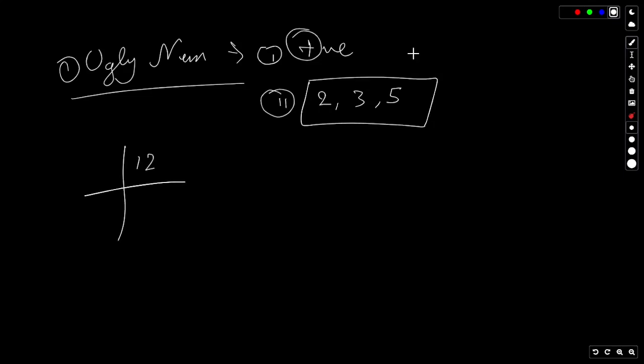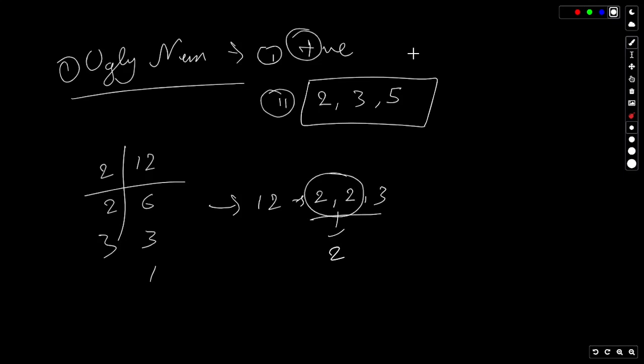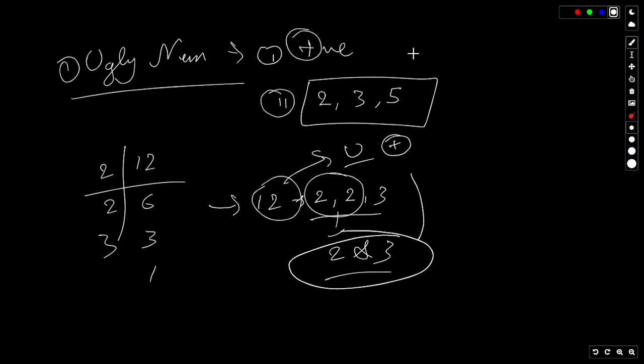If we prime factorize 12 to 6, or 12 to 3, 3, 1, the prime factors are 2, 2, 3, and we can just write each one time. So 2 and 3 are the prime factors of 12. So 12 is an ugly number. It is a positive number and it has just two prime factors, 2 and 3. Okay, so this is fine.